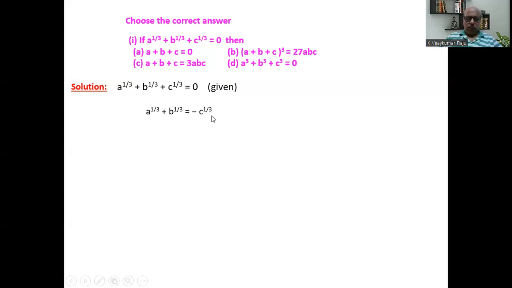Okay. So how did you get this? By transposing c raised to 1/3 to the right. Now once you have transposed, we take the cube of both the sides.